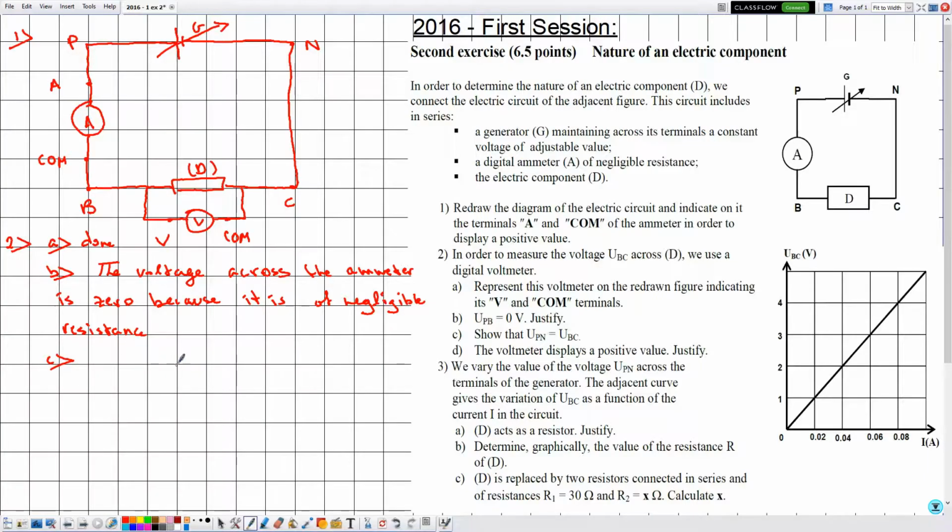Let me write here the result: UPB is equal to 0.